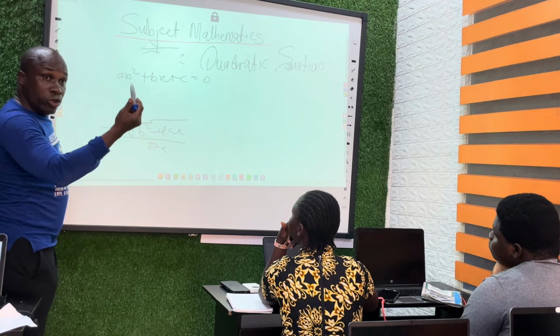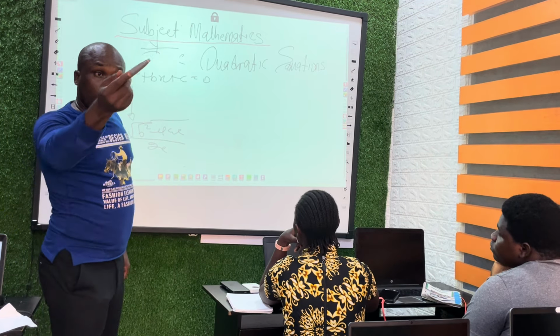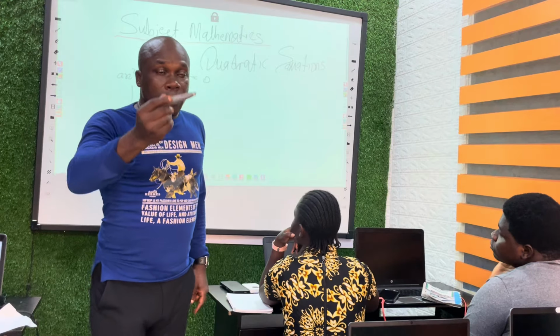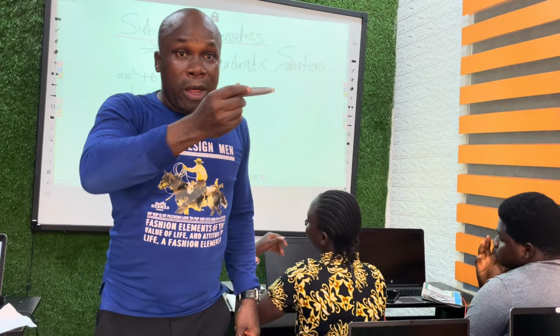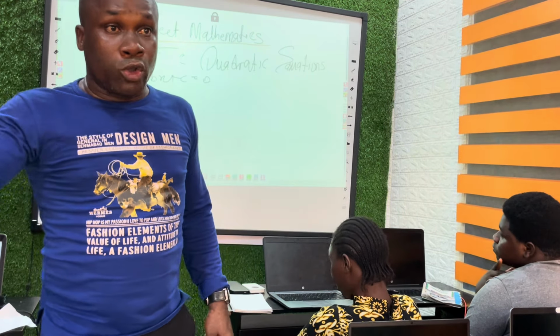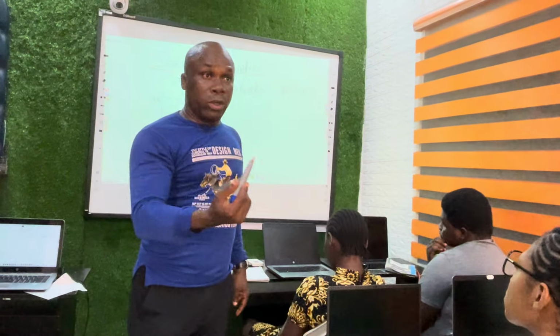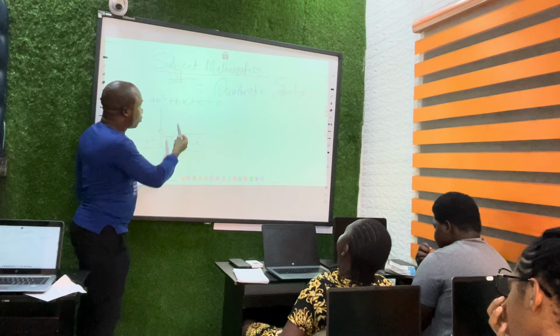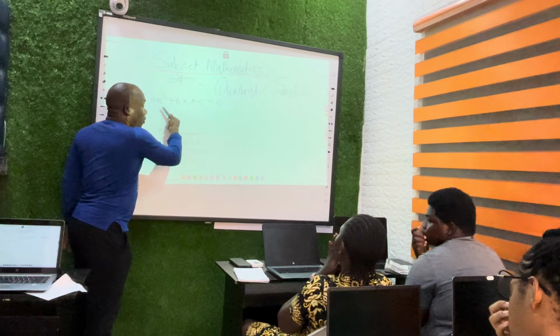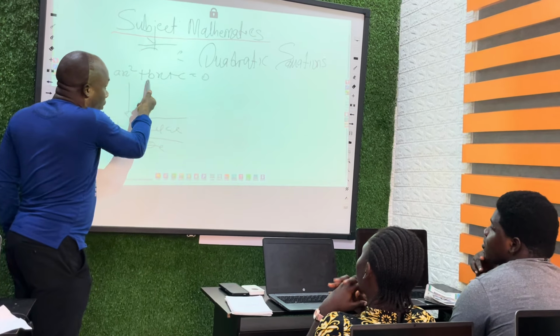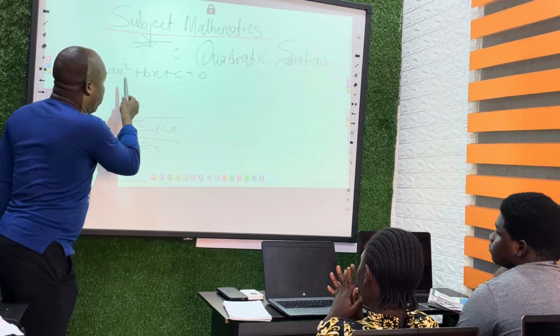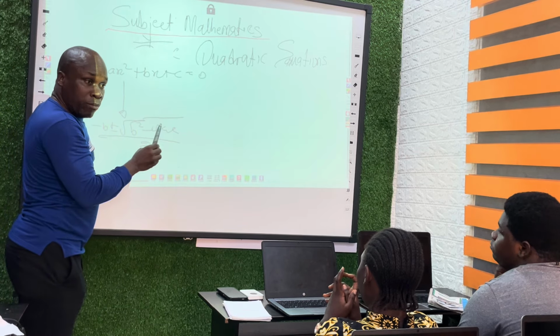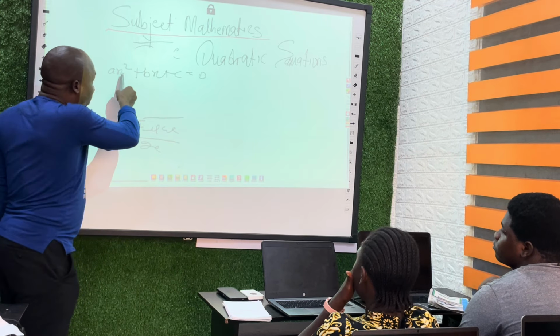Just like we used completing the square to solve x squared minus 4x plus 4 equal to 0, we got our solution as 2. The same way, if you use completing the square to solve this quadratic equation, it's not carrying numbers, but it's carrying a, b, c, where a and b are coefficients of x squared and x.